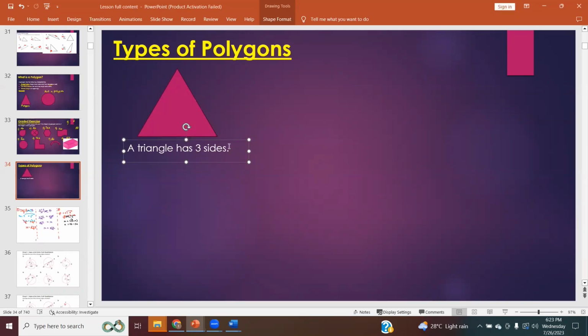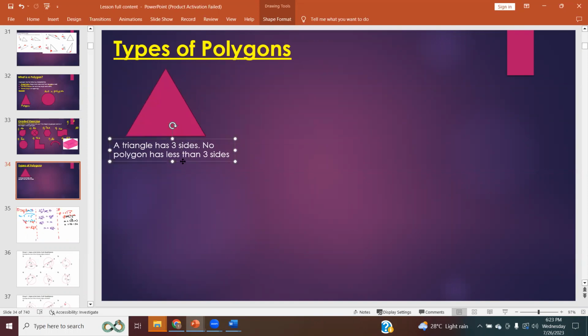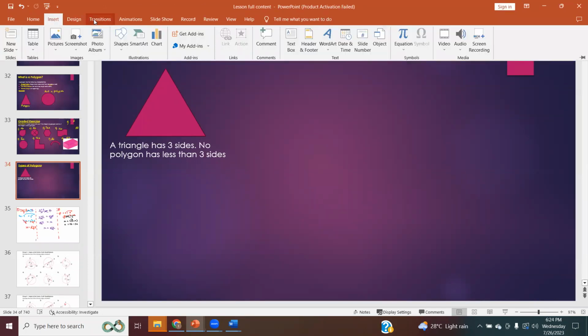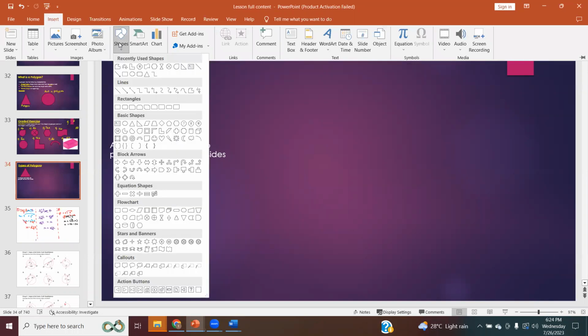No polygon has less than 3 sides. Does anyone know why? I haven't told you, but can anyone think about why a polygon cannot have less than 3 sides? Anyone think they know? Because of the shape?